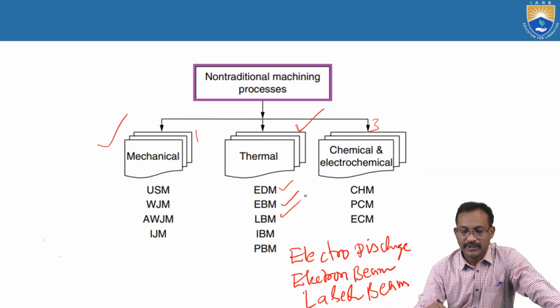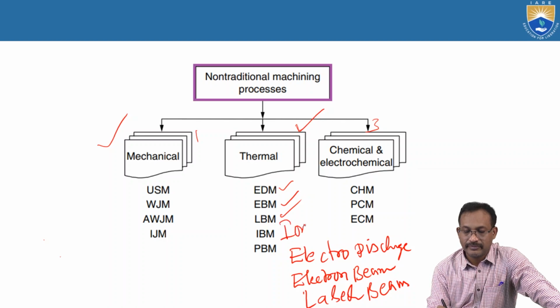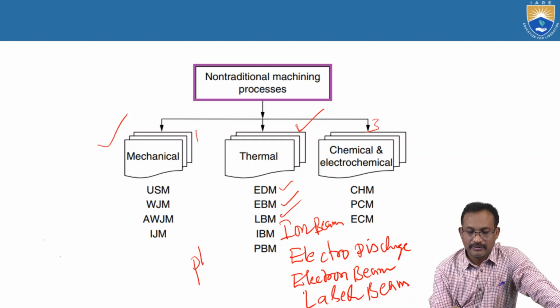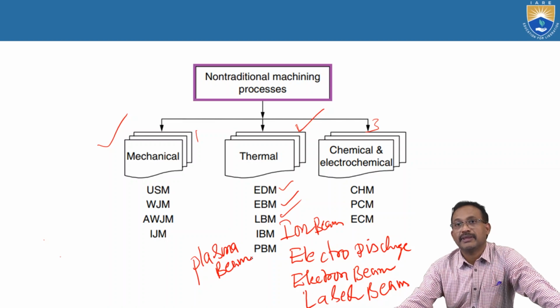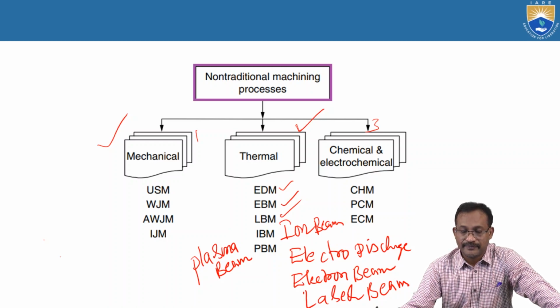Next, IBM, ion beam machining. PBM, plasma beam machining. So here in thermal non-traditional machining processes, based on the requirement, we have to choose the process, though we have different thermal non-traditional processes.